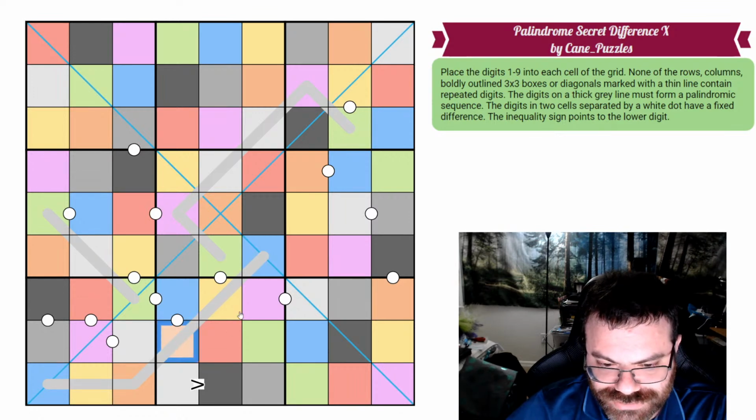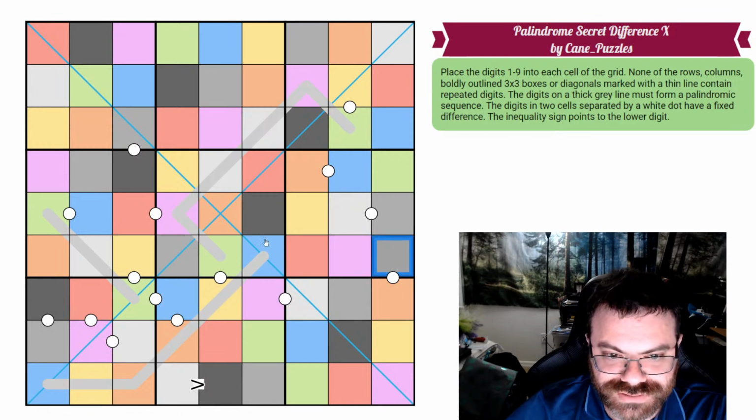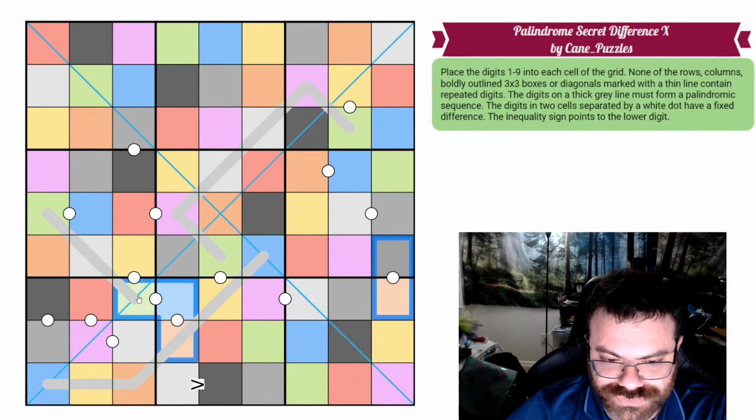Orange can't be the start because it has 2. Can black be the start of something? So we go black, orange, blue, green, yellow.